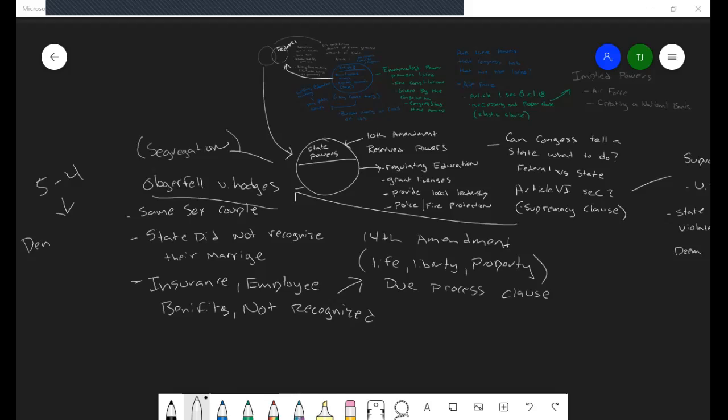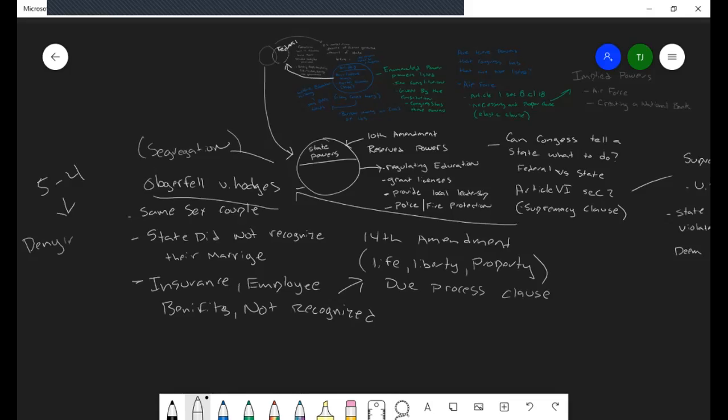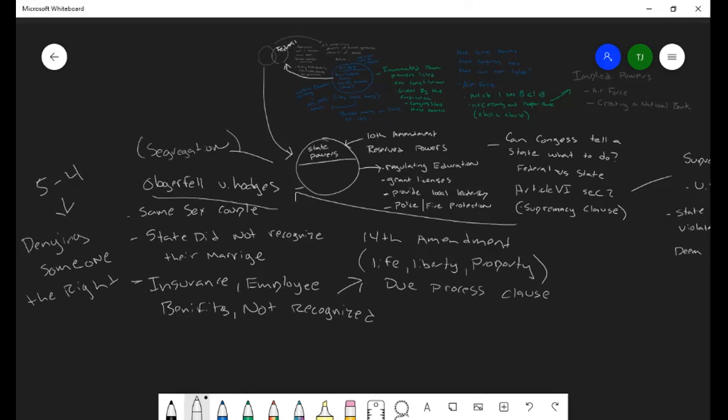So denying same-sex couples the right to marry was a violation of the 14th Amendment, thereby making same-sex marriage legal in all 50 states.